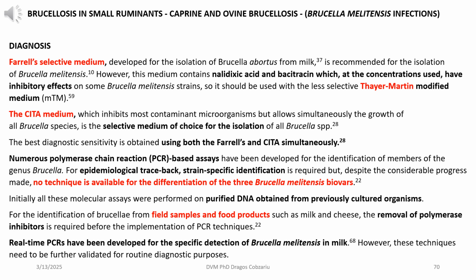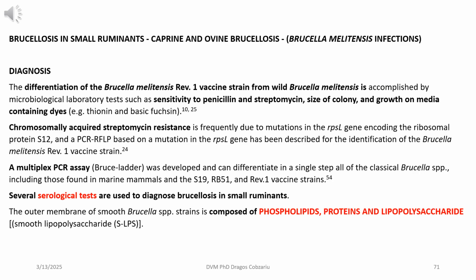Real-time PCRs have been developed for the specific detection of Brucella melitensis in milk. However, these techniques need to be further validated for routine diagnostic purposes. The differentiation of the Brucella melitensis Rev. 1 vaccine strain from wild Brucella melitensis is accomplished by microbiological laboratory tests such as sensitivity to penicillin and streptomycin, size of colony, and growth on media containing dyes.